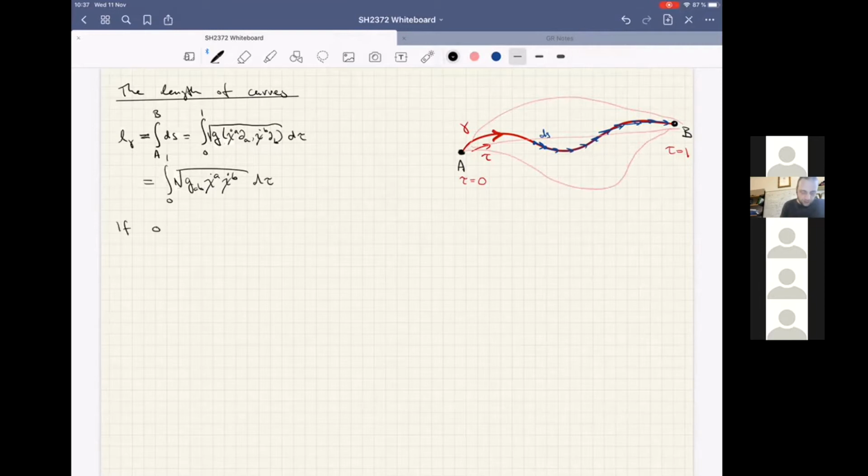So if we take the variation of this curve length and put that variation to 0, this will mean that we'll have an extrema of the curve length. So finding this extrema of the curve length is going to correspond to finding a differential equation for the coordinates in terms of the parameter tau.